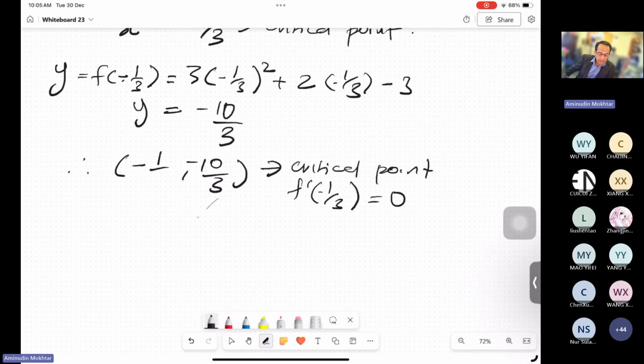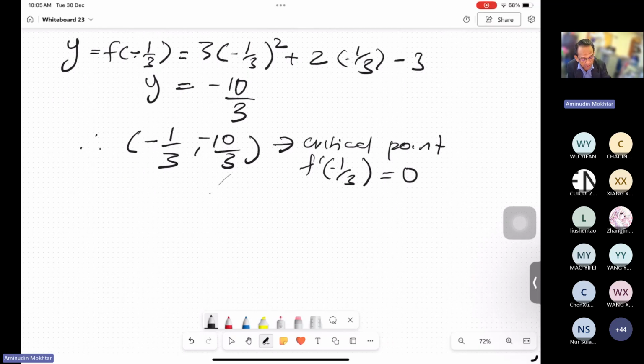We get the critical point with coordinates x equal to -1/3 and y equal to -10/3. So there are two methods here.